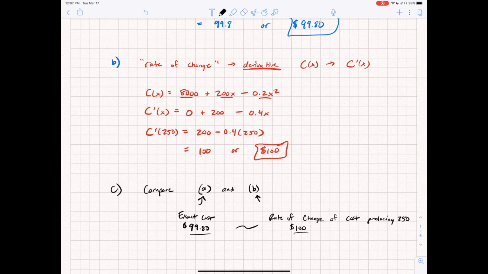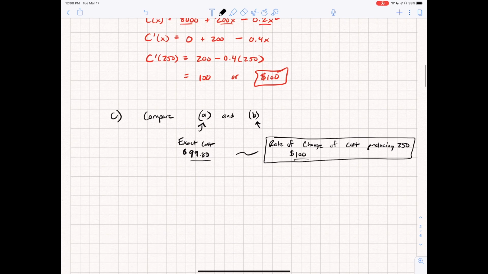It's a very good approximation. And so instead of having to go through and do what we did in part A to find how much it would cost to produce the next item, we can use calculus like we did in part B, take the derivative and plug in our production level to figure out what it would cost to make one more item. And this is essentially what marginal is referring to.